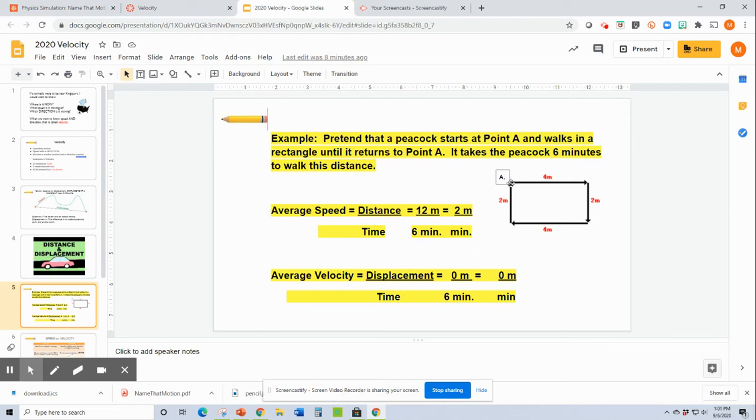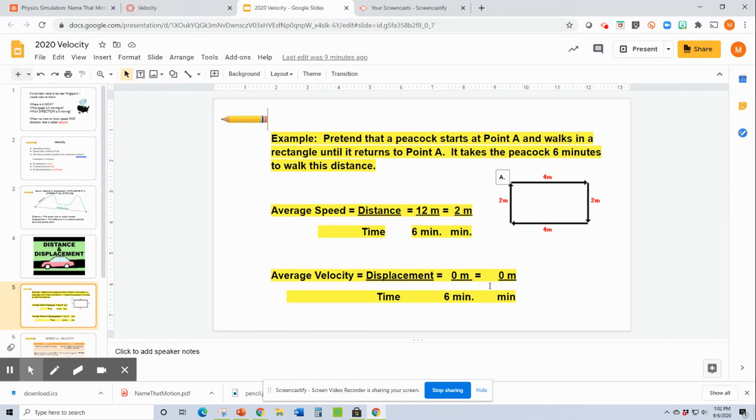If he starts at point A, and displacement is the difference between where my peacock starts and where my peacock ends up, well, look, if he walks this path and ends up exactly where he started, then he has a displacement of 0. And 0 divided by 6 is still 0. That's a little freaky, I know.